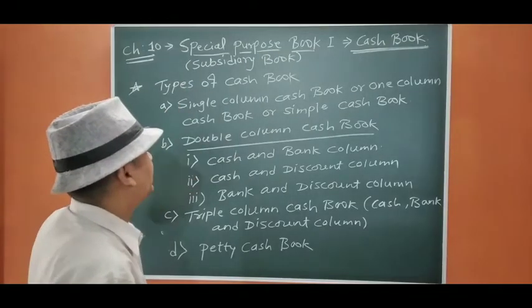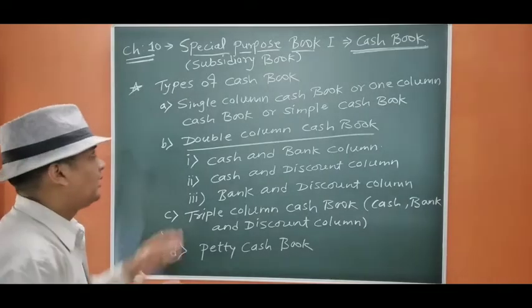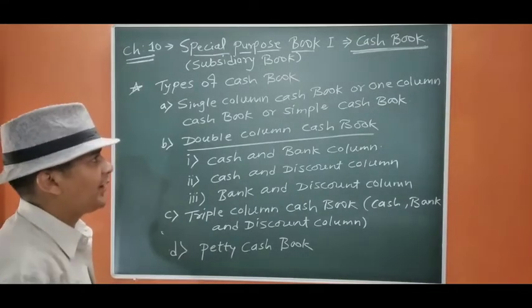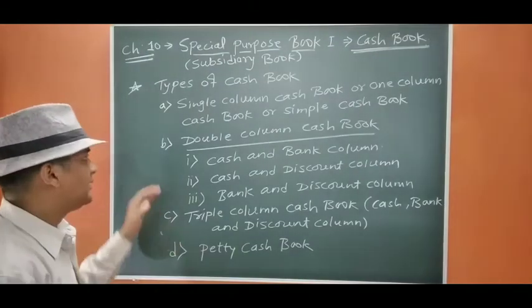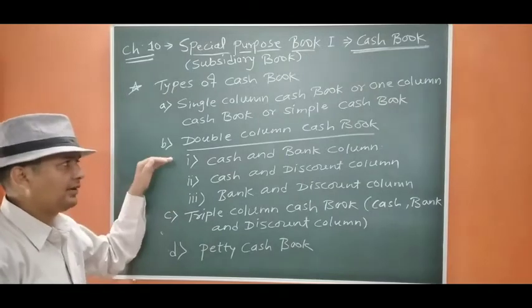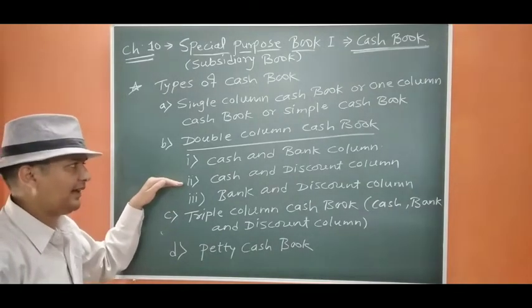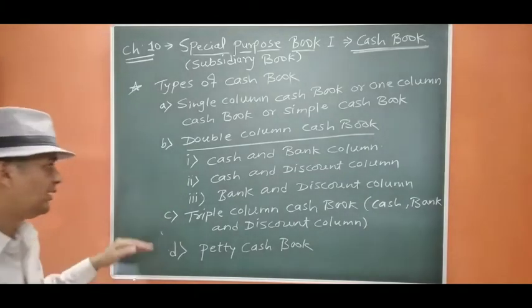Types of cash book. There are four types of cash book. First is the single column cash book, or one column cash book, or simple cash book. Second is the double column cash book, in which we have three parts: cash and bank column, cash and discount column, and bank and discount column.